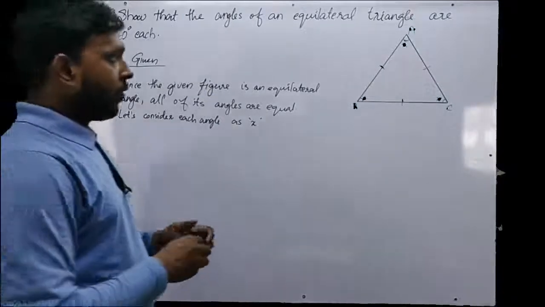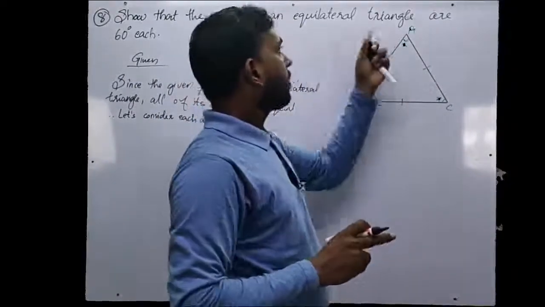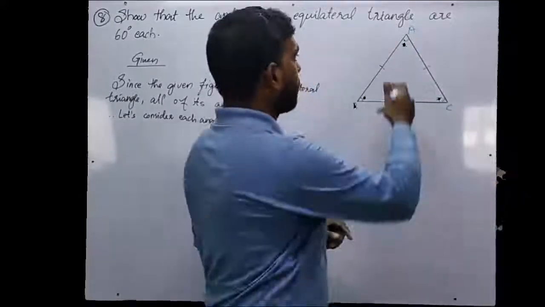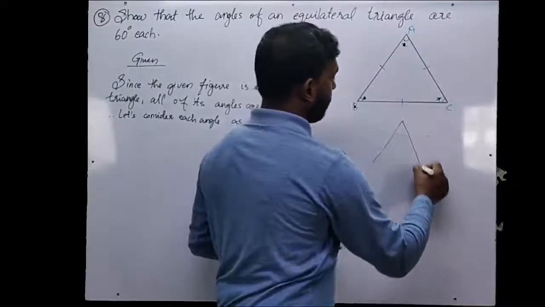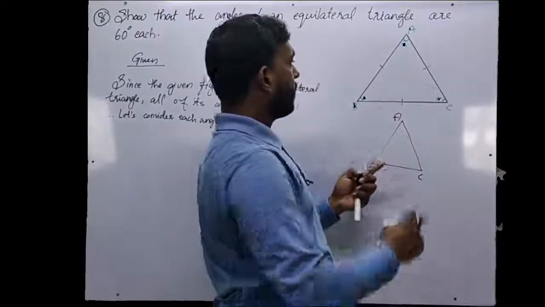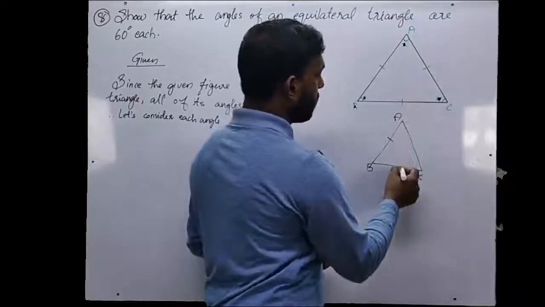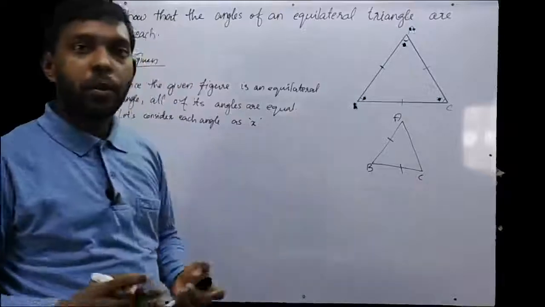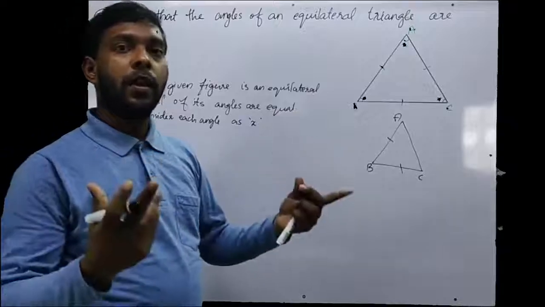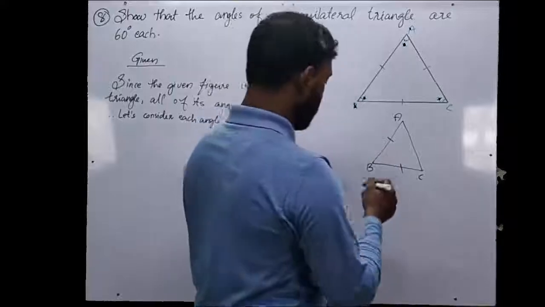Now let's take a look at this picture here. Since it's an equilateral triangle, all the angles are equal. Also, all the sides are equal. So let's take this triangle A, B, C. Here, let's consider the two sides first. We know, looking at the question, AB and BC are equal. So we know the property of triangles: if two sides of a triangle are equal, their opposite angles are equal.